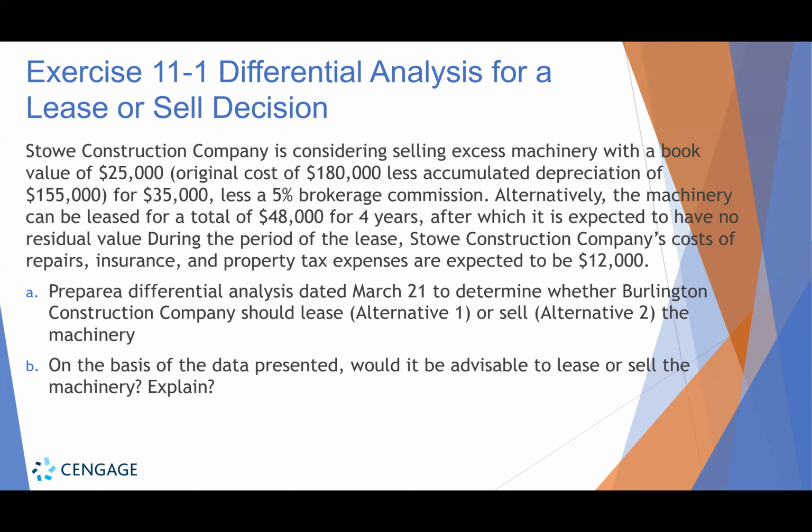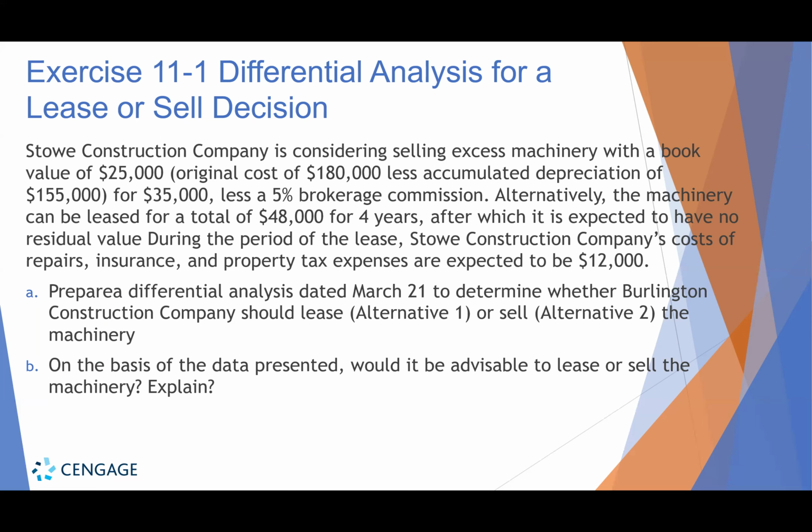Or we could lease the machinery for $48,000 for 4 years, and then it would have no residual value. But we would have costs to maintain the leased equipment of about $12,000.